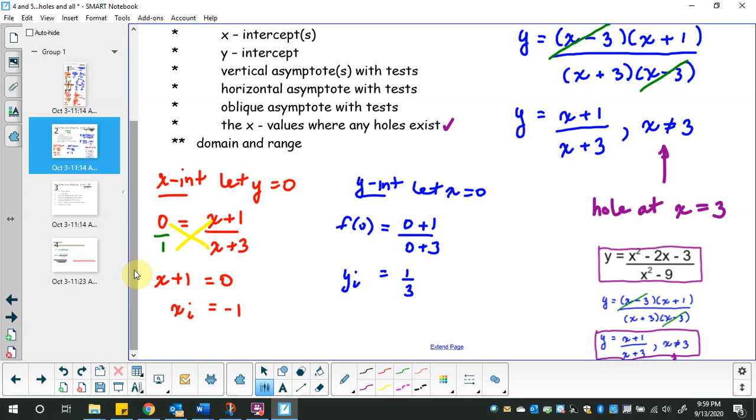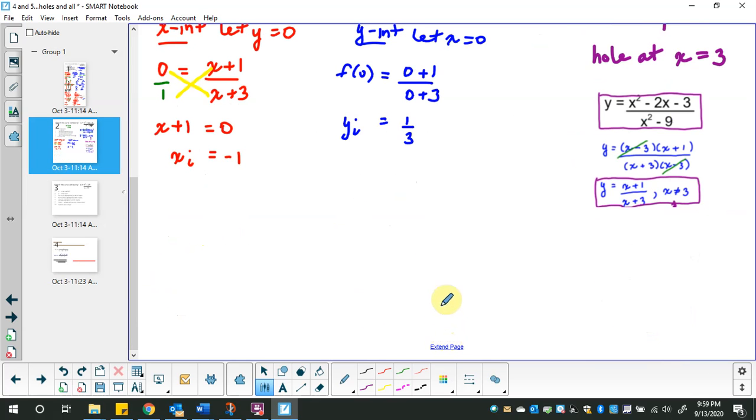So next up, vertical asymptote. So with the vertical asymptotes, you take the denominator, in my case the newest denominator, the cleanest denominator, and I end up with one vertical asymptote.